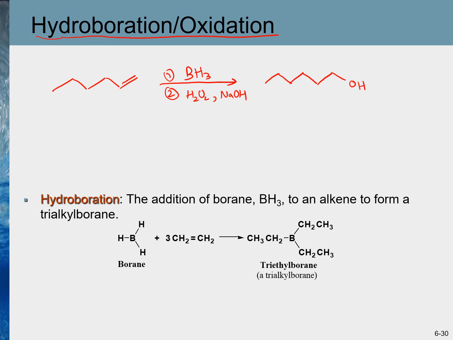But there is an important difference. The difference is that in this case, if you can see, the OH group is added to the carbon with more hydrogens, and hydrogen is added to the carbon with less hydrogens.